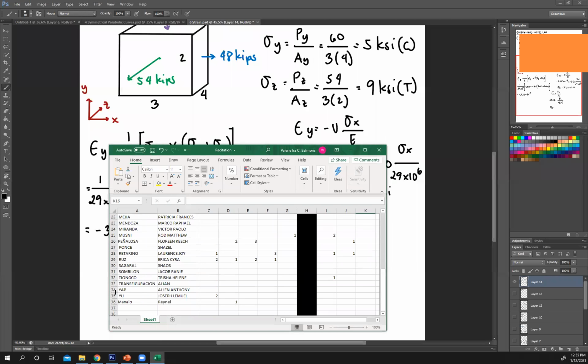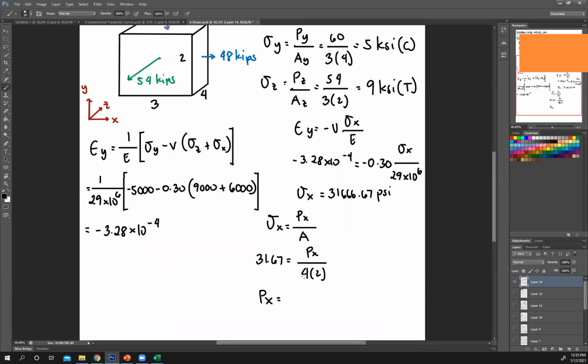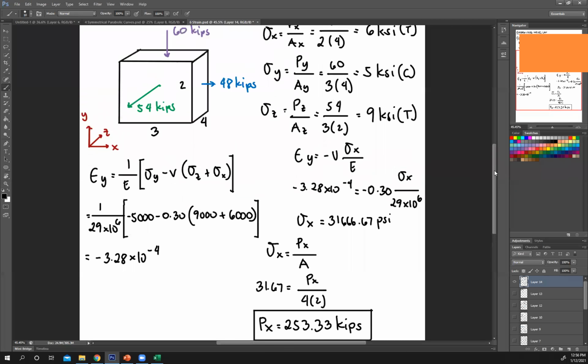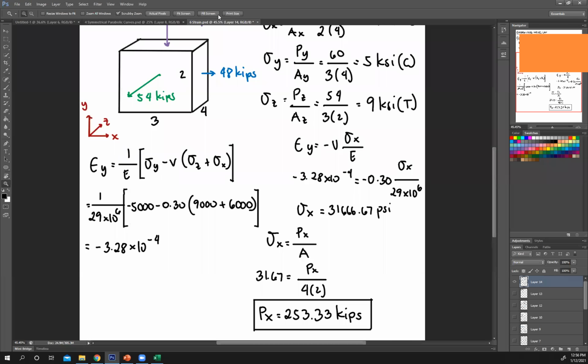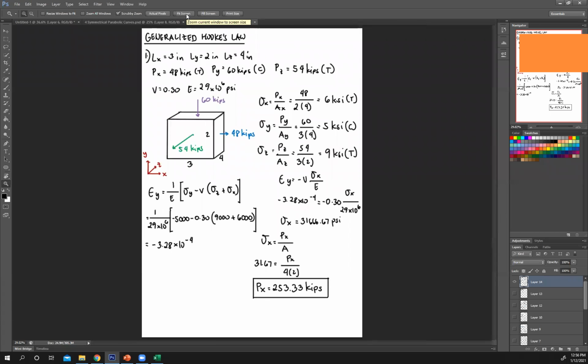It's 253.33 actually, not 36, if you use the full value. And then again, it was in kips. Right? Any questions for number 1? None? Do you understand?